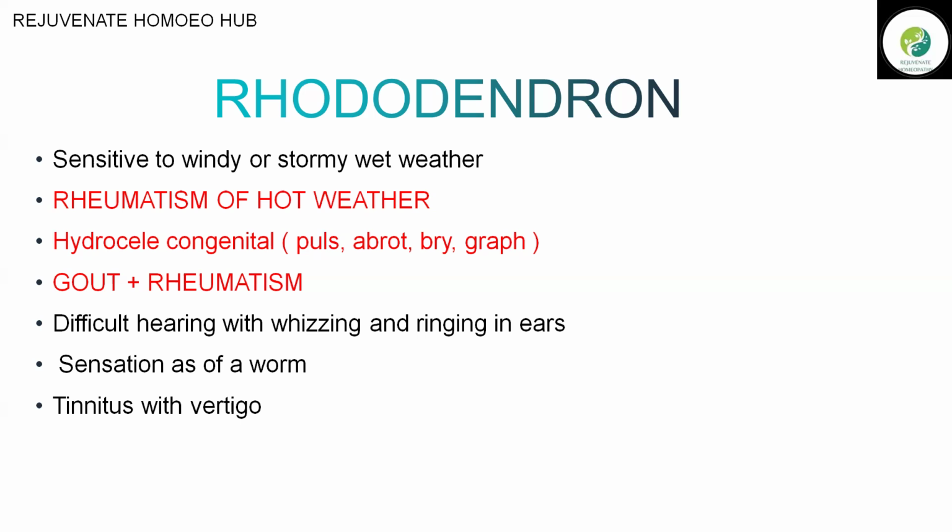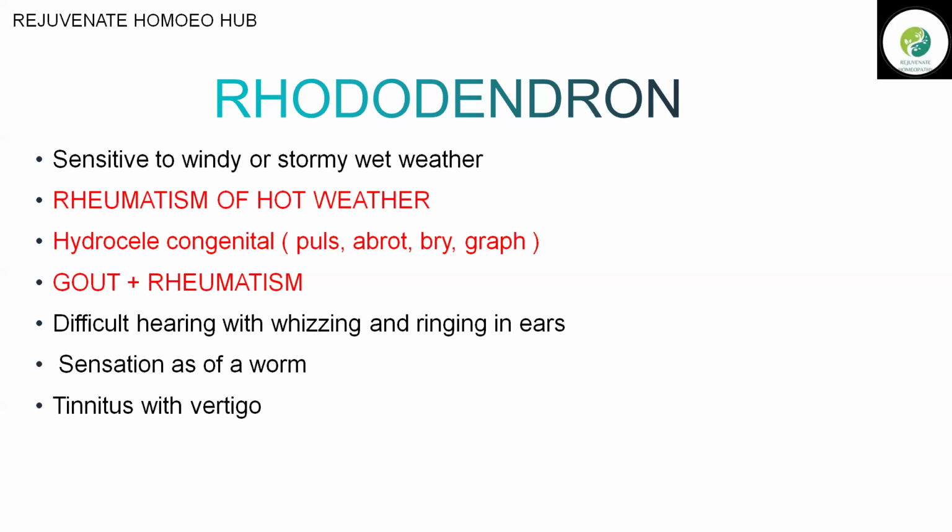And how does the graphites patient behave? Even the smallest trifles aggravate. For example, a graphites lady calls to the husband and says, this happened, the neighbor is saying this, this boy is saying this, or papa is saying this. Very slightest trifles aggravate, that is graphites. Always complaining about something is graphites.